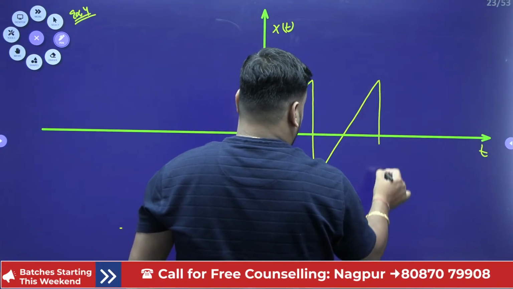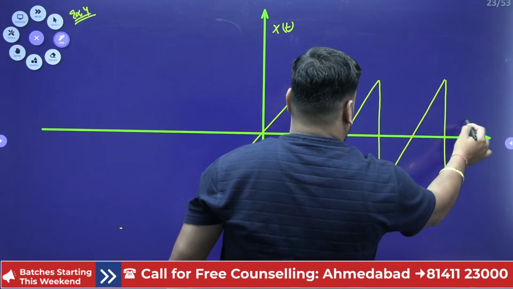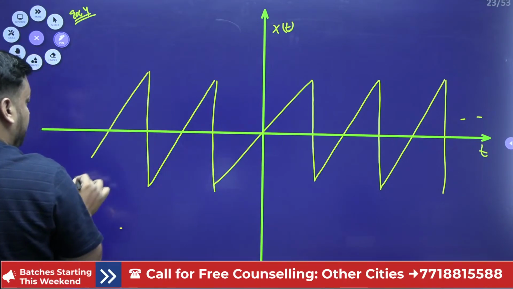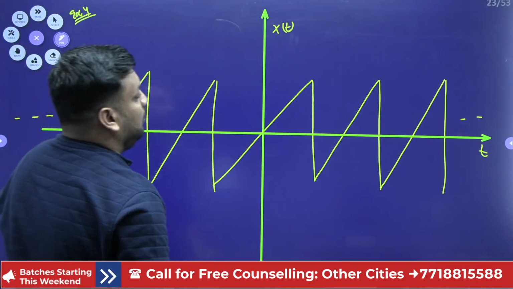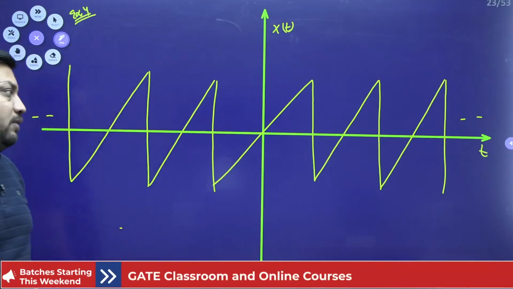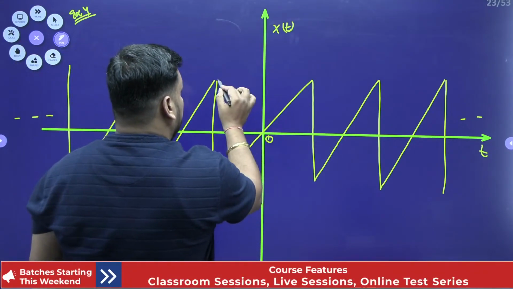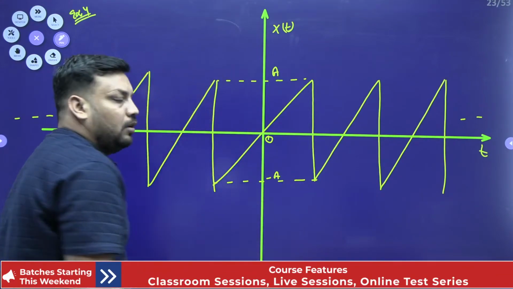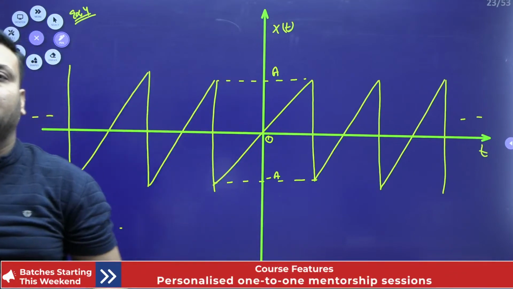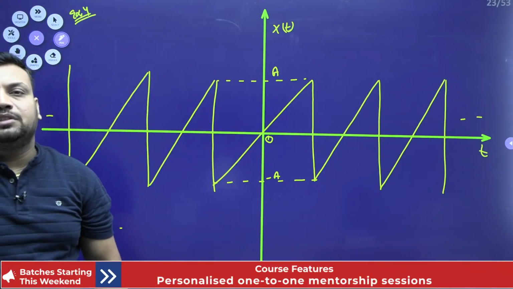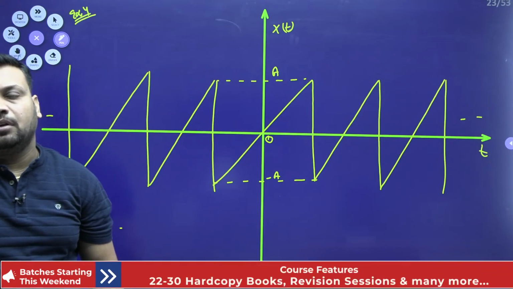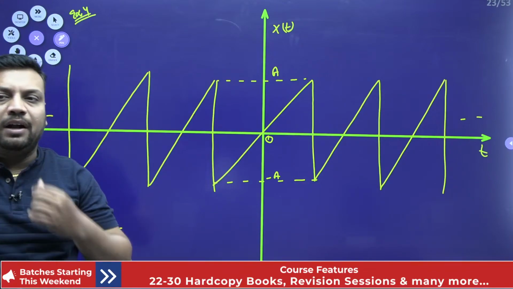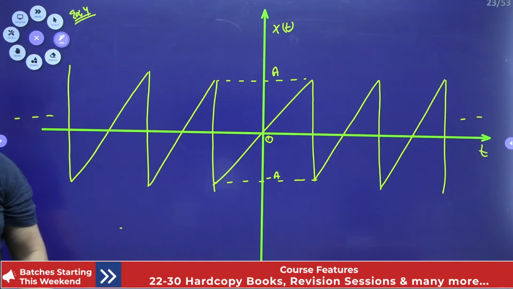What does its Fourier series representation contain? All of you just do reply fast.